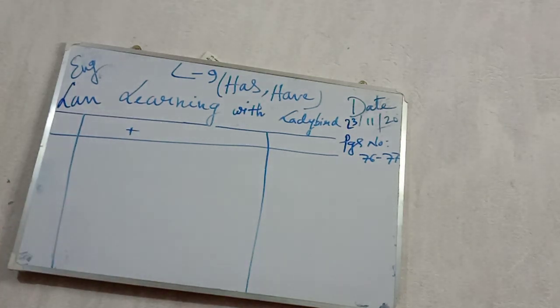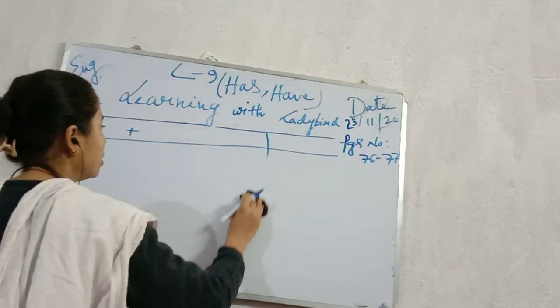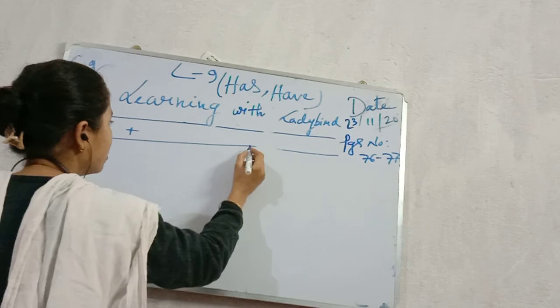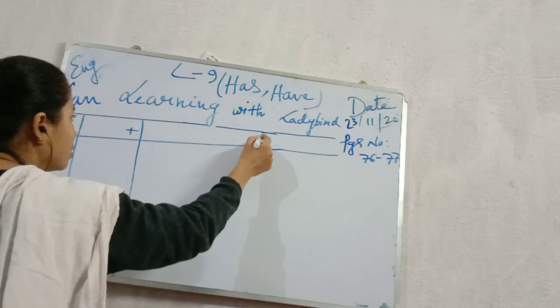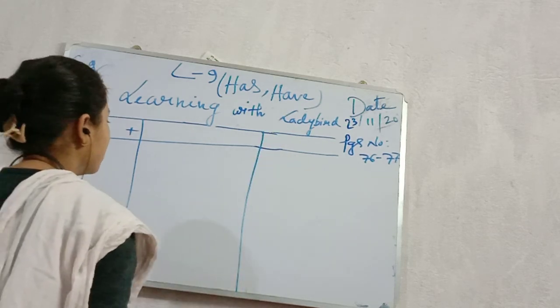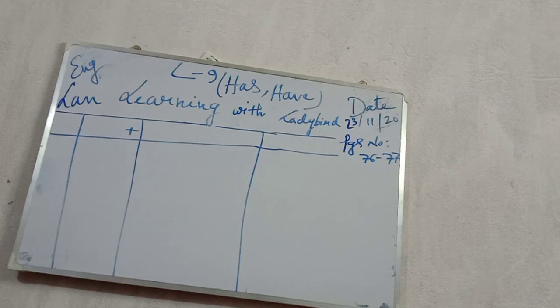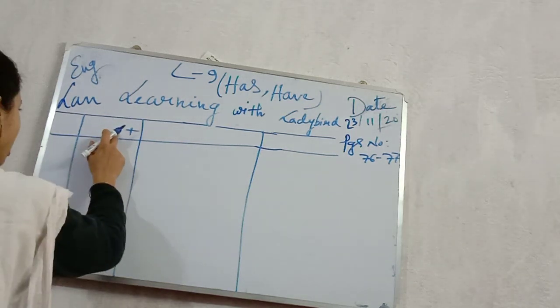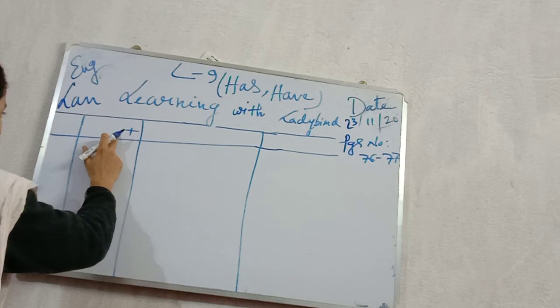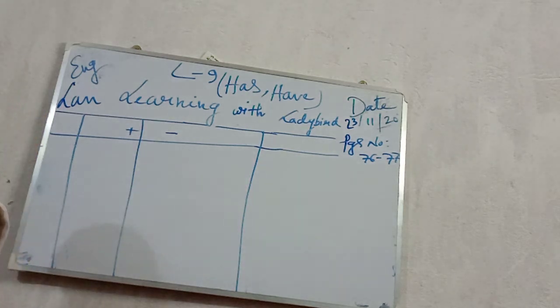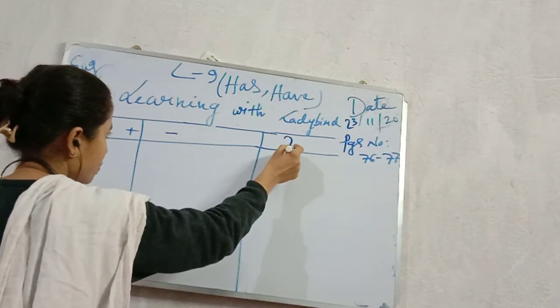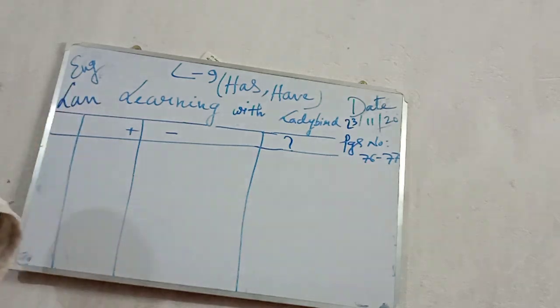I have to divide it into three. Here, plus means affirmative sentences, minus means negative sentences, and the question mark means making questions, interrogative sentences.